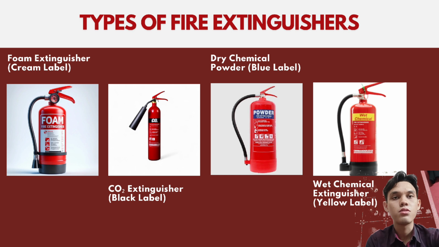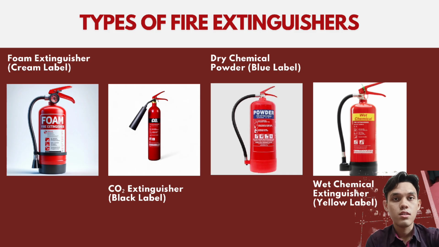Next, CO2 extinguishers. This type is perfect for electrical fires, Class C, and also for Class B fires. CO2 works by removing oxygen and cooling down the flames. It doesn't leave any residue. That's why it's safe to use on computers or electrical panels.